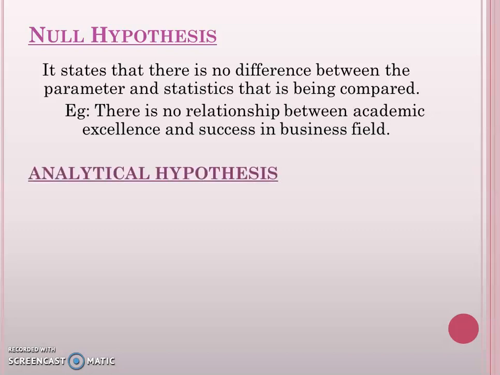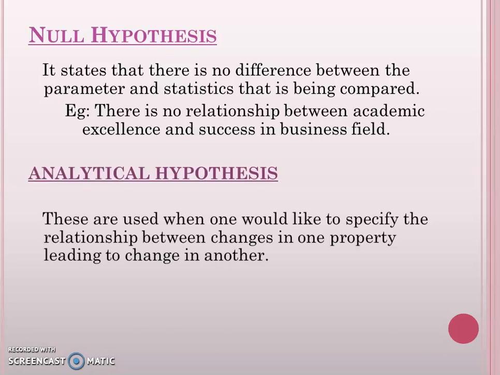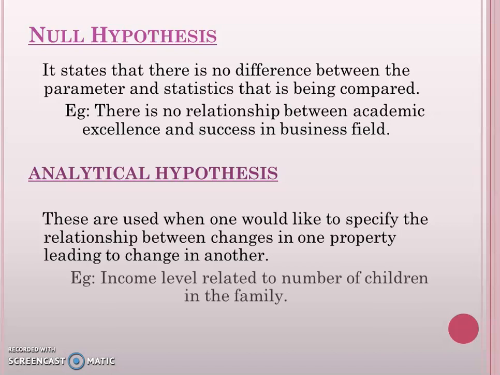Another one is the analytical hypothesis. These are used when one would like to specify the relationship between changes in one property leading to change in another property. This is something which we discussed in the independent and dependent variable case.